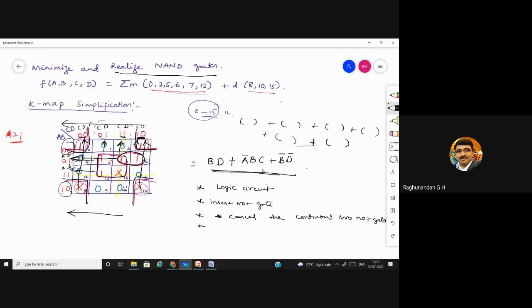Finally, replace all gates with NAND. So these are the steps you need to write. Okay. Now, I know this is quite difficult to understand, but at any point if you want to ask me, you can ask where you have not understood.